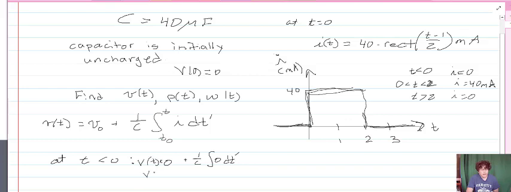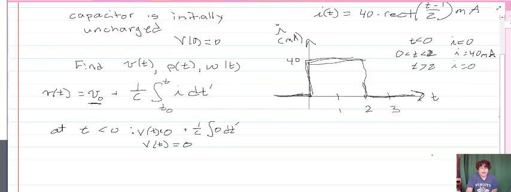So our voltage is 0. But we need to be careful because that's not always the case, because even if the current is 0, the voltage might not be 0 because of this term right here. So a capacitor can have a voltage even if there's no current. And if you think about it, in steady state conditions, a capacitor will be charged and it'll have a voltage, usually, but it won't have a current, and that's a normal steady state condition.